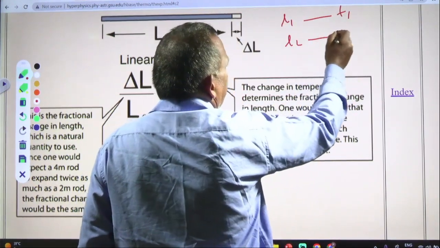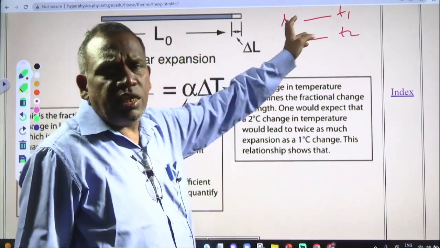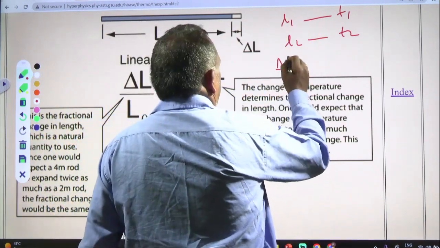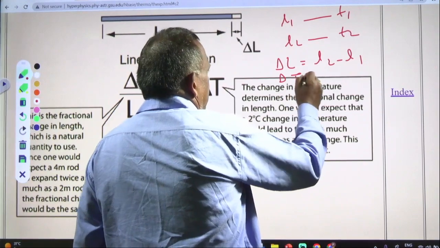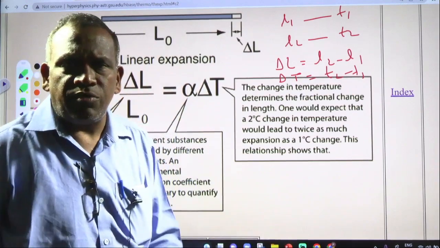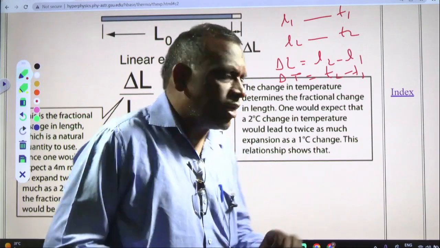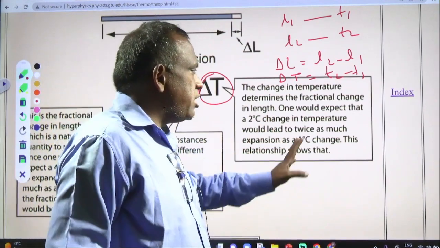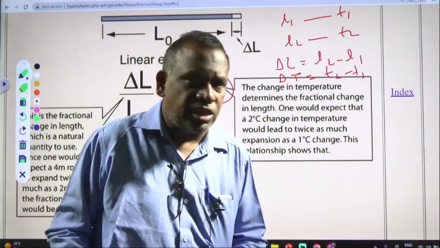L2 is the final length of the object at temperature T2. So delta L is L2 minus L1, and delta T is T2 minus T1, the difference of temperature. So we can understand here, delta T, the change in temperature, determines the fractional change in the length.